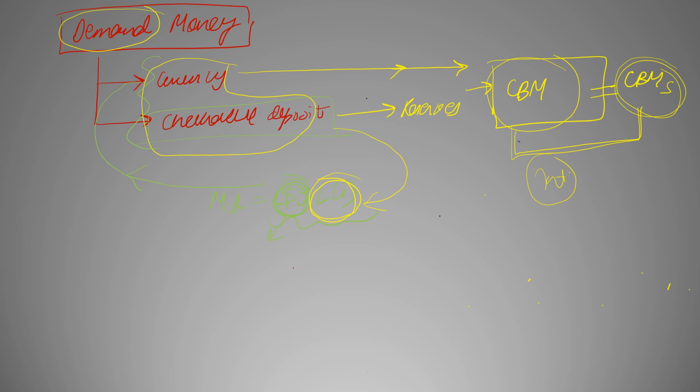When we deposit some amount with a commercial bank, it does not mean that we are going to get it back as it was, right? For example, we deposited 100 rupees, we may end up getting 105 rupees at the end of a year. So that particular rate of interest, which determines the final amount that we are going to get, basically determines the demand for checkable deposits. So again we have MD is equal to $Y L(i).